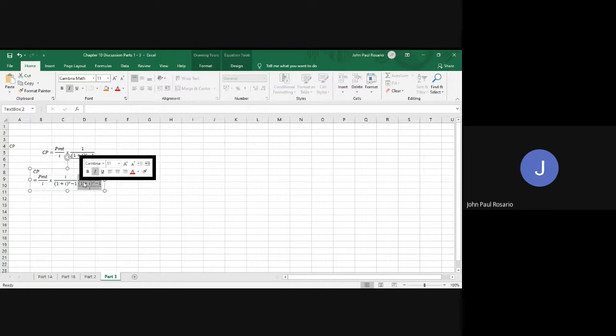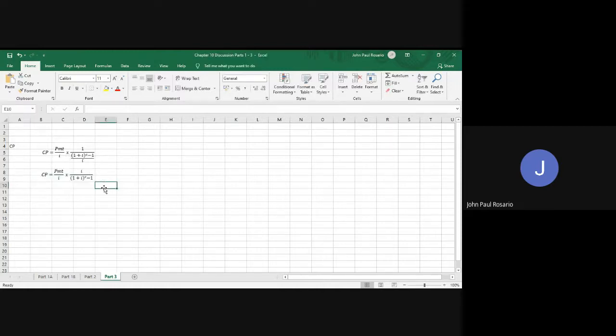After this, we can now cancel out I, which gives us the final formula for our complex perpetuity, which is payment over 1 plus I to the power of C minus 1. So with this formula, let's go directly to a sample problem.